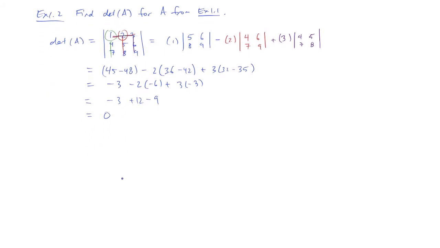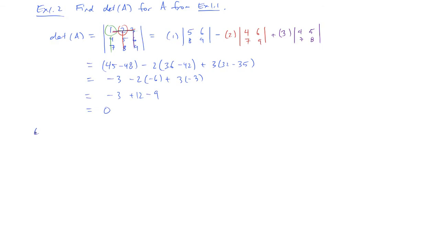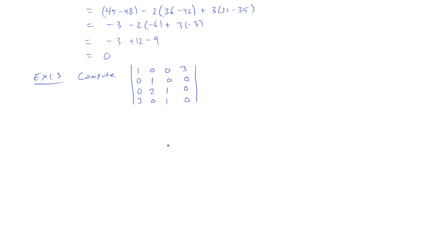Let's look at the determinant of an even larger matrix, and we'll see why I say that the determinant is defined recursively. So let's compute the determinant of this matrix, which we'll denote with those vertical lines instead of brackets. Okay, so you're going to use the first row.